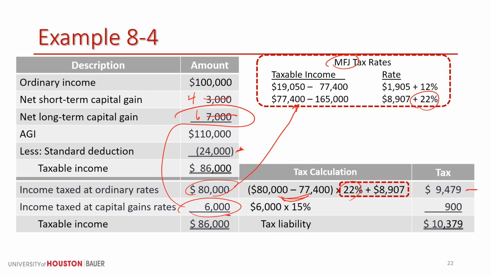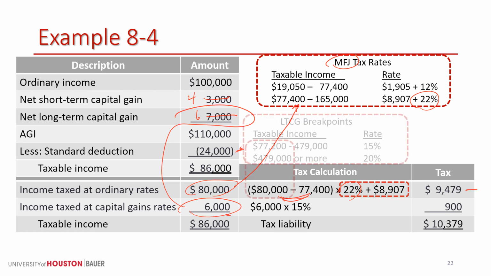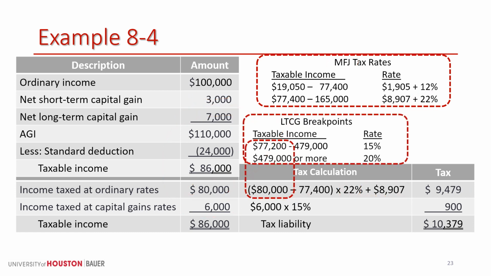We then want to think about what's the appropriate rate for the $6,000. We looked at the breakpoints, and in this instance, we can see that the breakpoint is at $479,000 to hit the 20%, and the 15% breakpoint was at $77,200.